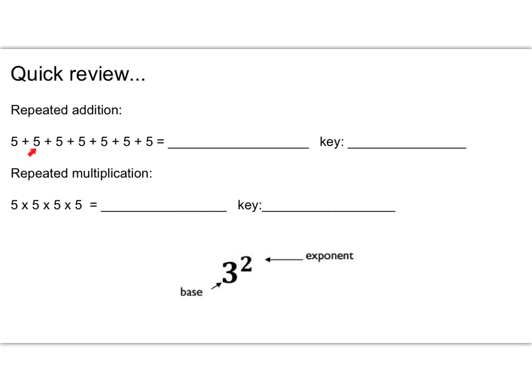We know that's 5, 10, 15, 20, 25, 30, 35 is what that sum is. But we also know that that's equal to 7 times 5. And the key to repeated addition is to multiply.